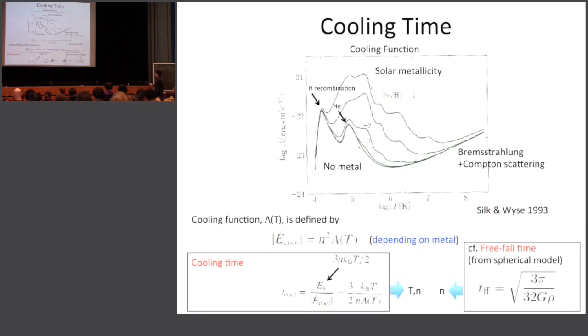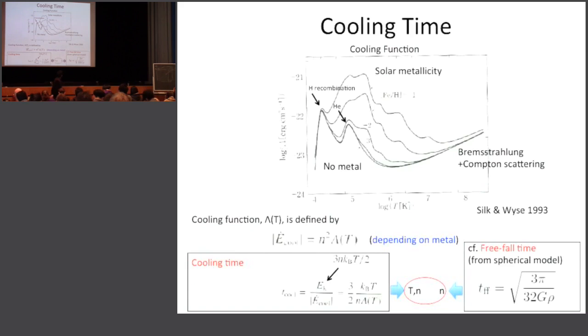So then you can just calculate the cooling time, which is the total kinetic energy divided by the cooling rate. If you plug in the virial temperature by the virial theorem, then you get the cooling time as a function of the virial temperature and the density. And similarly, you can calculate a very crude free fall time, which is a function of the number density.